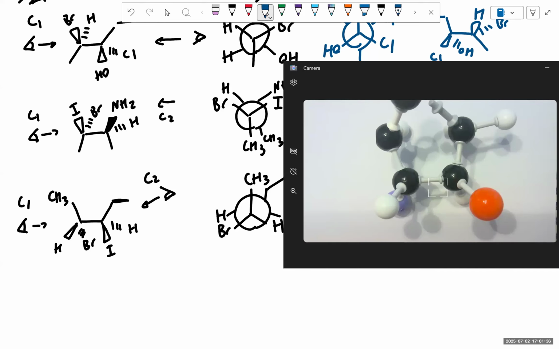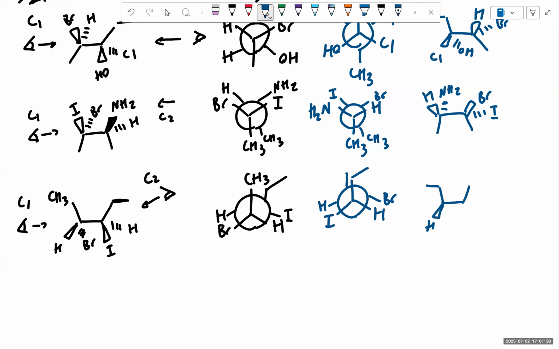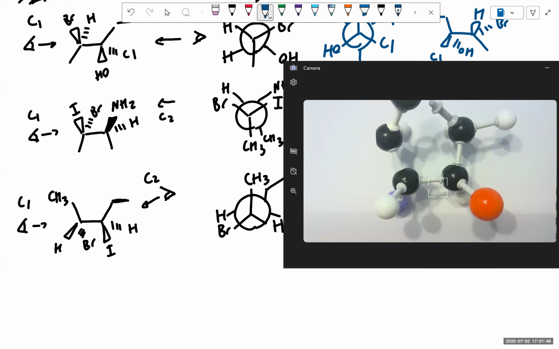The hydrogen and bromine are wedged, while the iodine and other hydrogen atom are dashed. So as you can see, we're getting a lot more proficient at drawing Newman projections and Dash-Wedge structures.